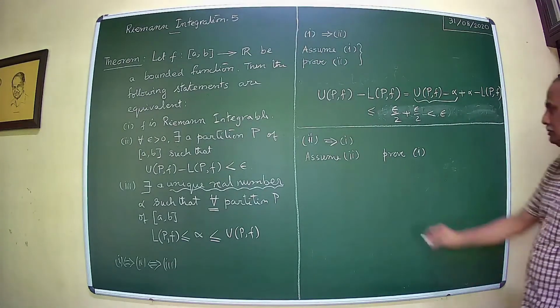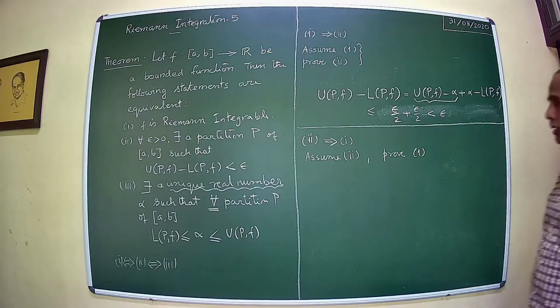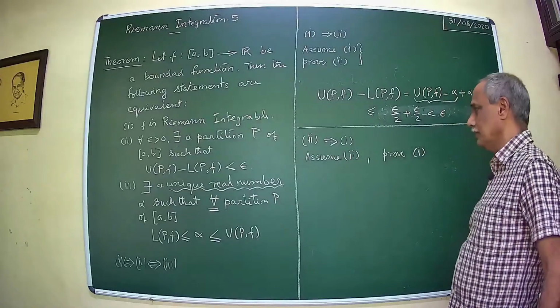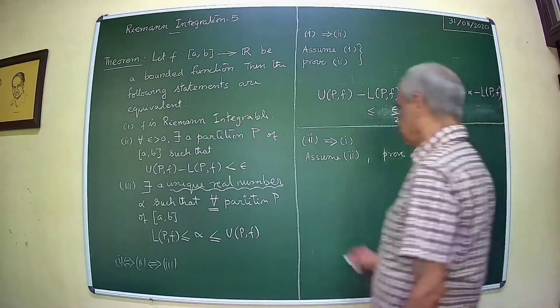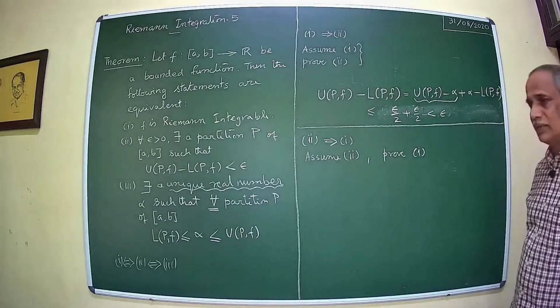Okay. What do you assume? What you assume is that there exists a P such that UPF minus LPF is less than epsilon for a given epsilon. So for a given epsilon, this is true. Okay.